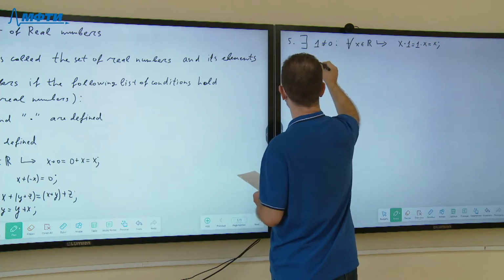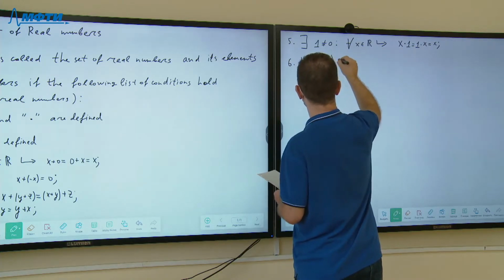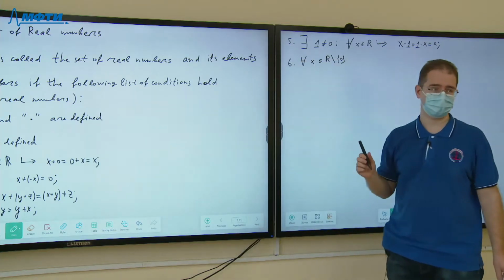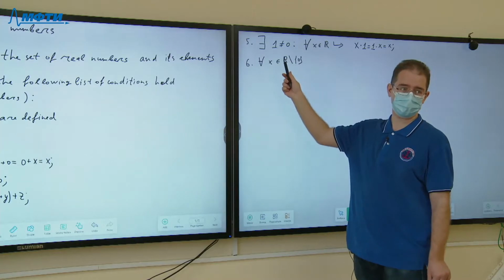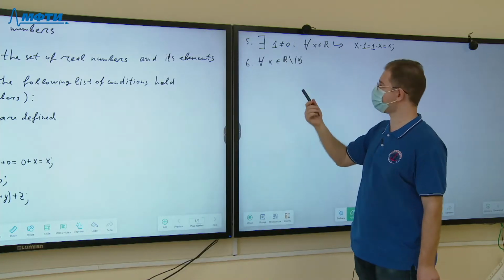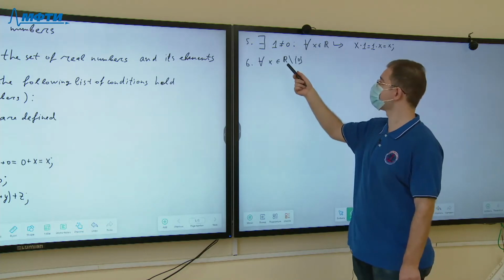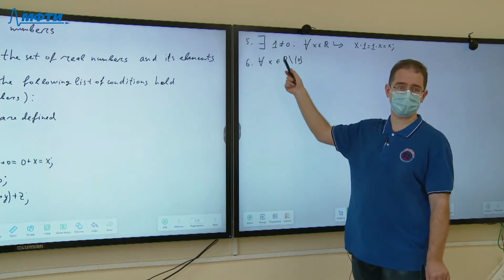For any x except 0. This way I denote that I have some set, but I remove some elements from this set. So this is this set minus this set. So this is all real numbers except 0.